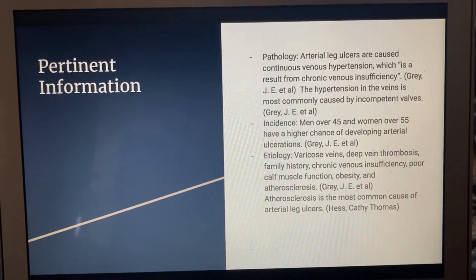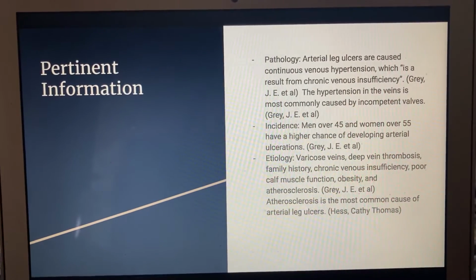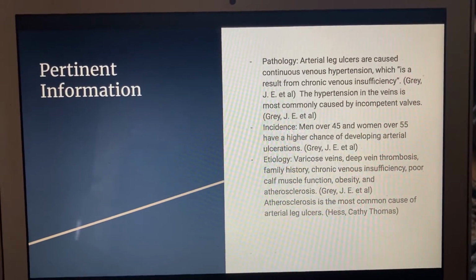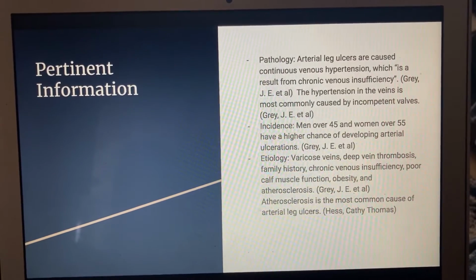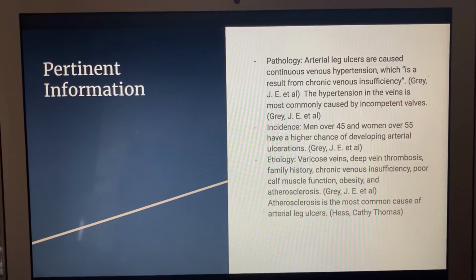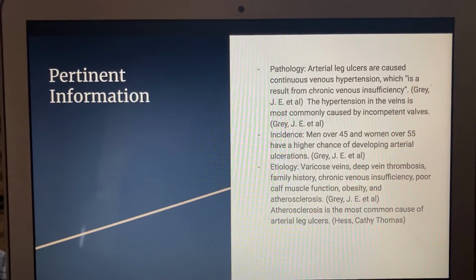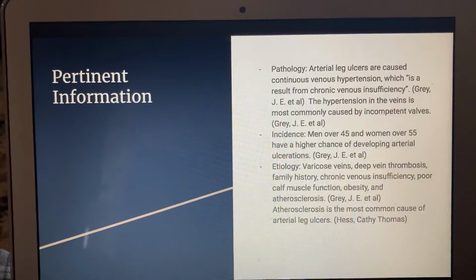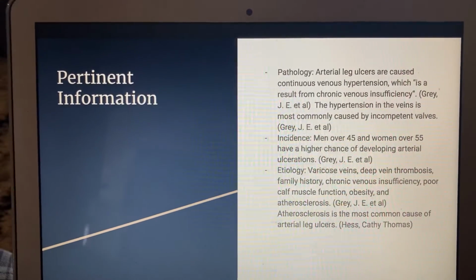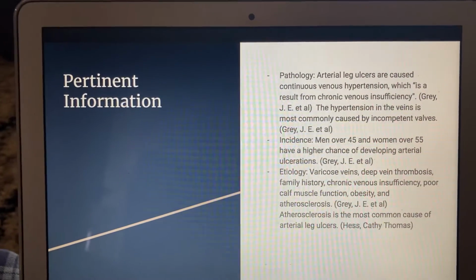Some pertinent information: the pathology. Arterial leg ulcers are caused by continuous venous hypertension, which is, quote, a result from chronic venous insufficiency. That's quoted from an article I found called Venous Leg and Arterial Ulcers by Grey, Harding, and Enoch.